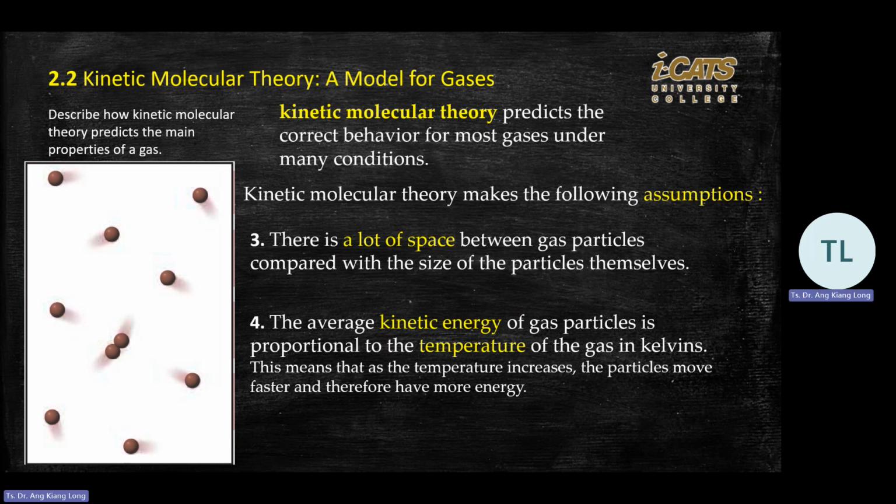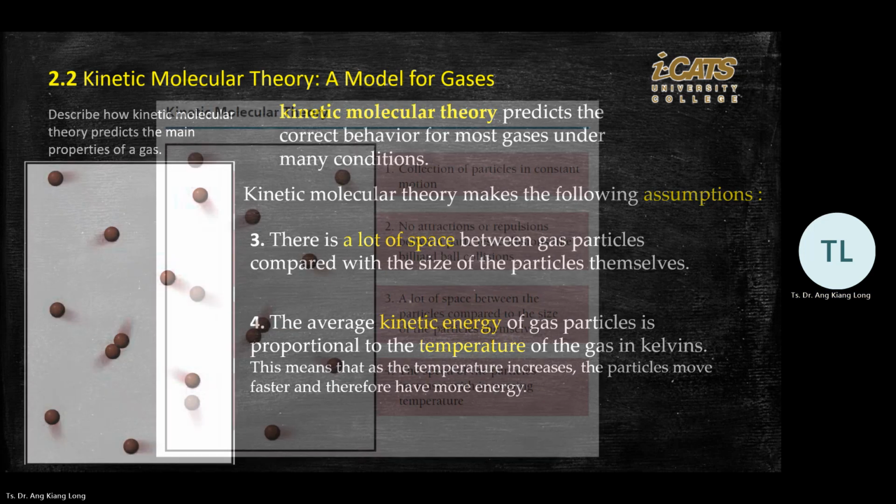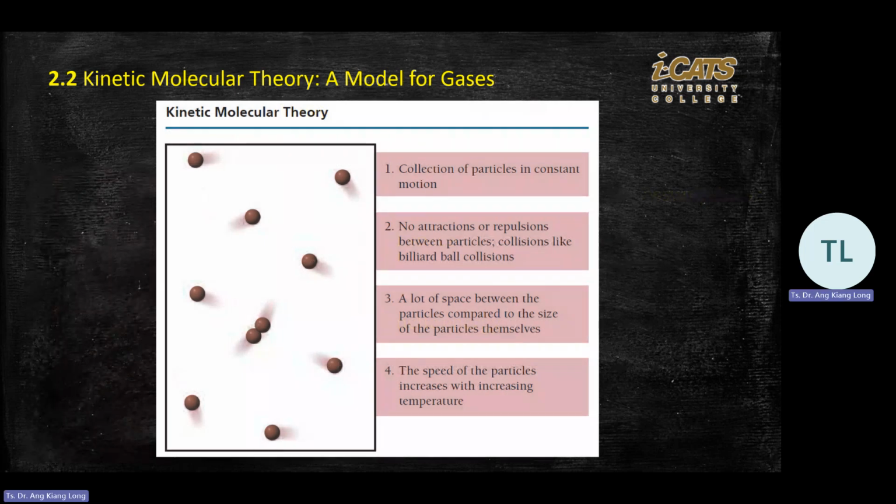If you increase temperature, you give more energy, and the molecules will move faster. Okay, so four assumptions of the kinetic molecular theory. This is just a summary of what the four assumptions are about.